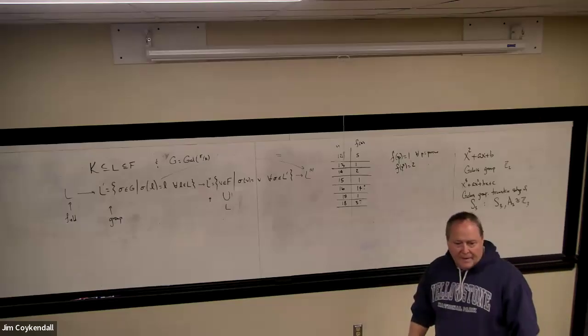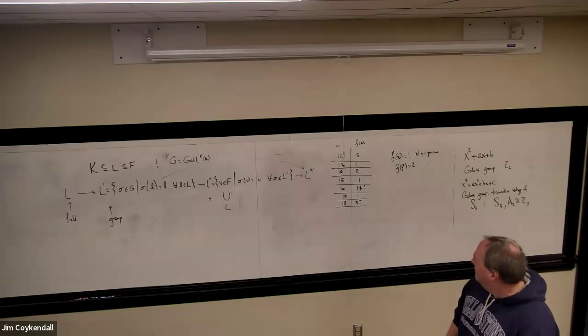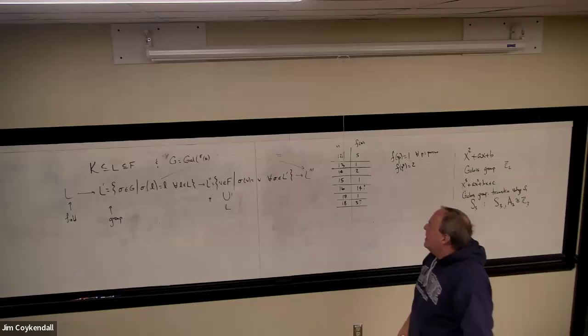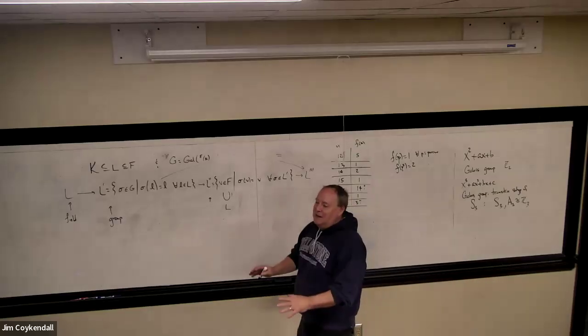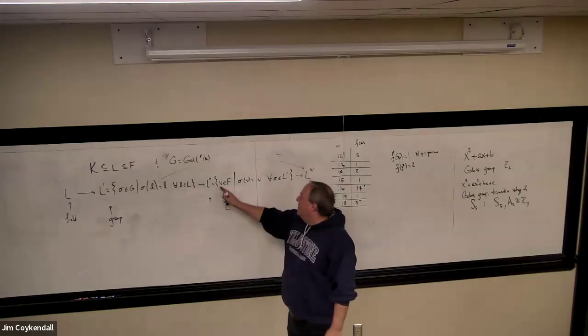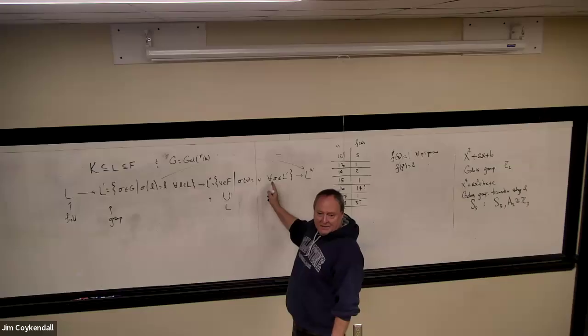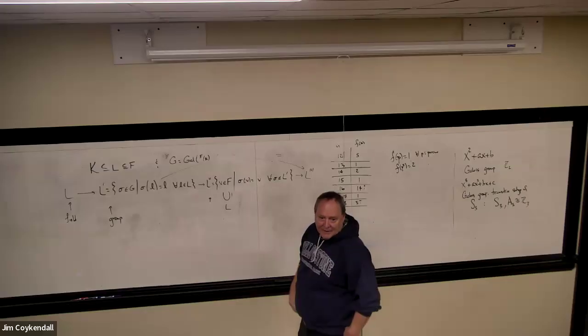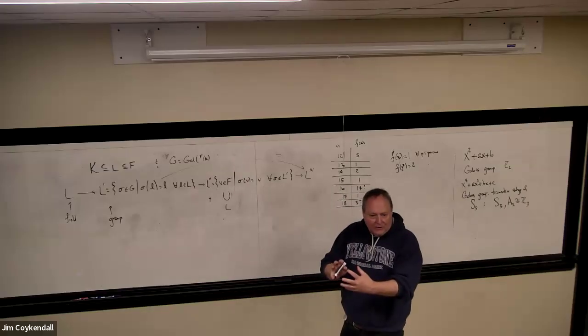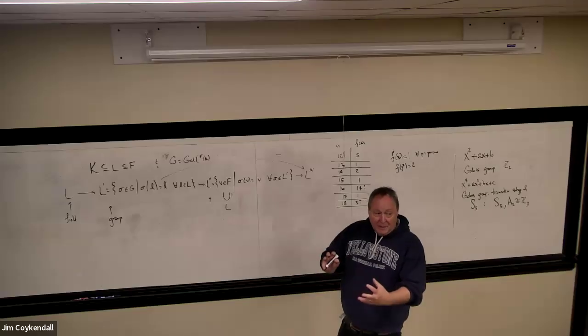So L double prime is everything in F that is fixed by everything that fixes L. Okay, this is a mouthful. Everything that fixes L, but it might fix a little bit more.